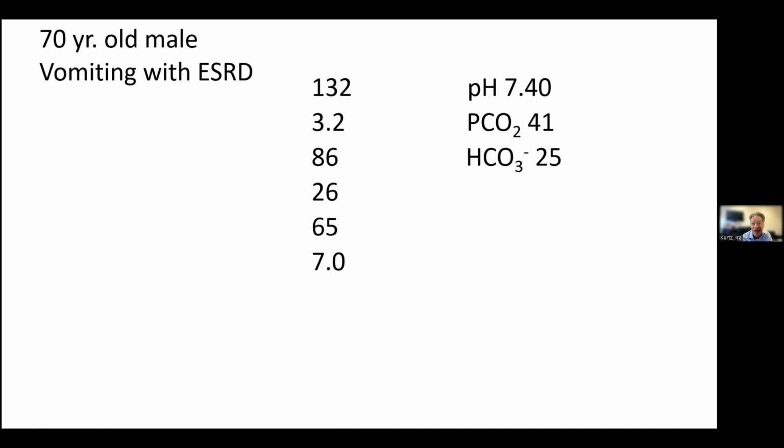Now, you're not going to have any ventilatory changes, because remember, the ventilation is going to return to normal too. If it was a movie and the metabolic acidosis occurred first, yes, the PCO2 would have been down from a compensatory response. But as soon as the vomiting started, the bicarbonate's now returning to normal. And once it returns to normal, the PCO2 comes back to normal, right? You lose the compensation.